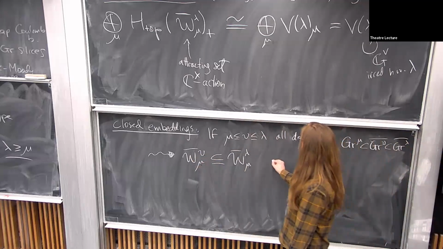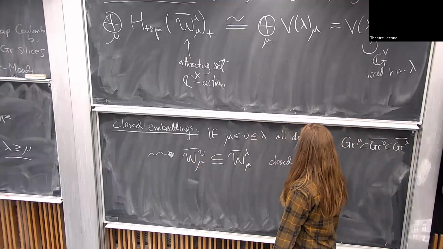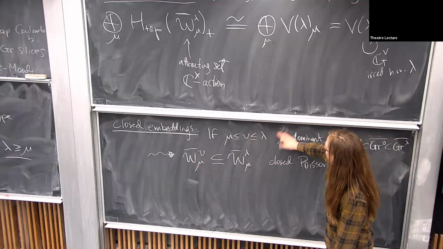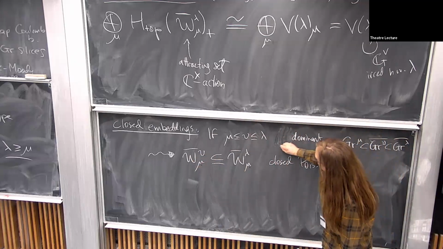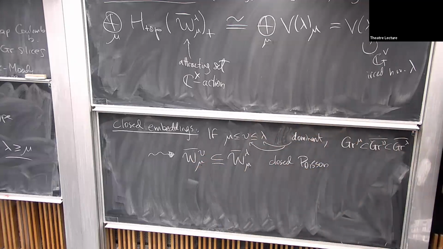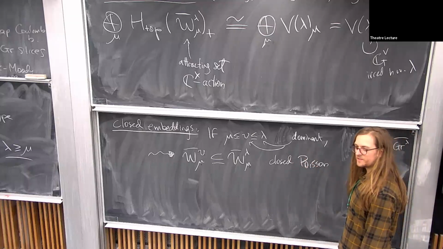These are actually closed Poisson embeddings. And in fact, you can erase this, all of them being dominant, and talk about generalized slices. Then I only need lambda and mu to be dominant. So the claim is generalized slices have closed embeddings.